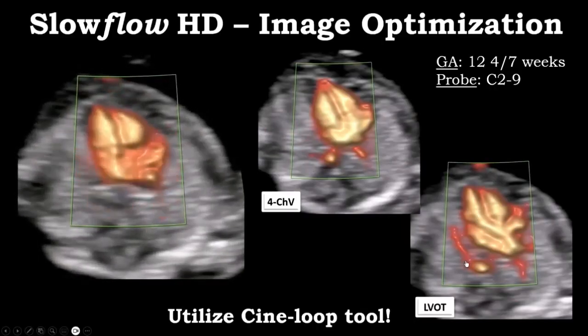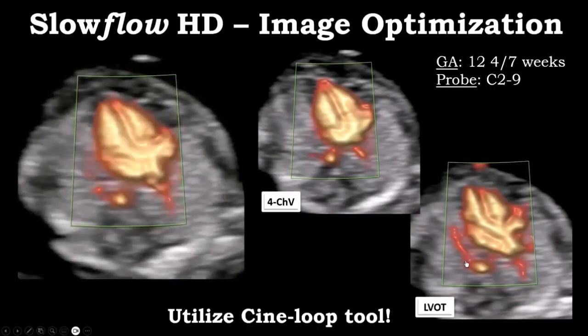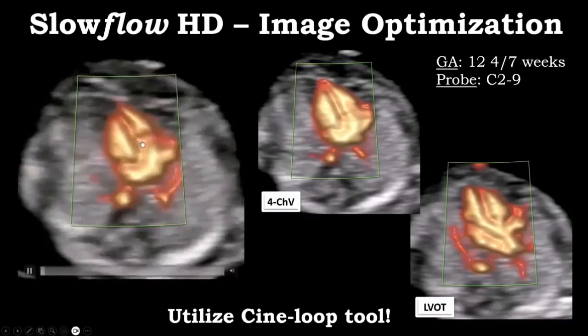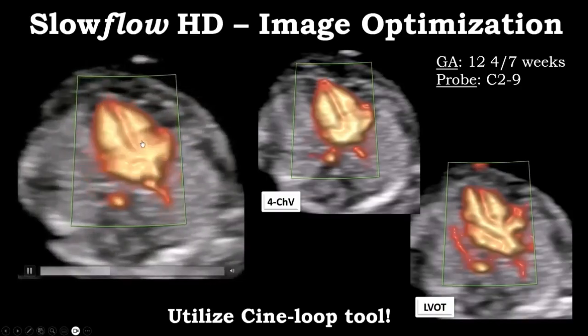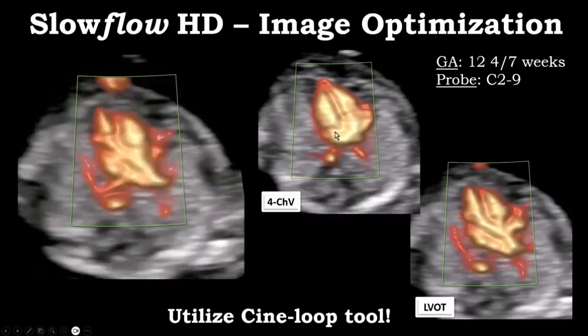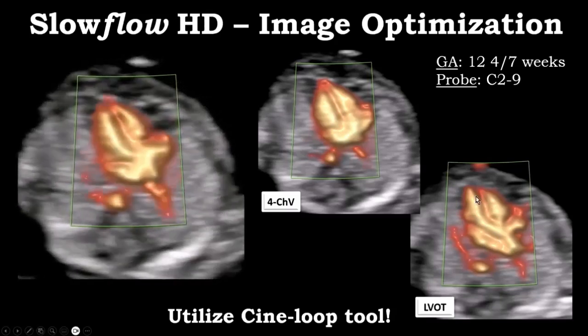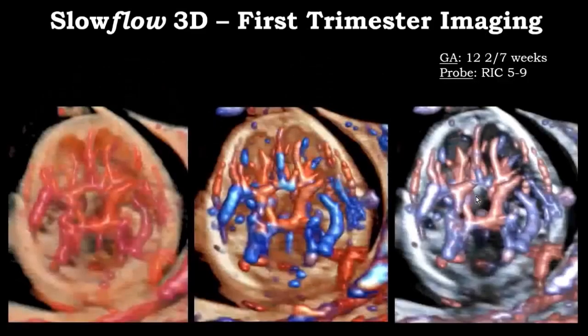So utilizing the cine tool is really critical, because looking at that video, you can easily go frame by frame and retrieve the 4-chamber view and the LVOT with very significant and sufficient clarity.